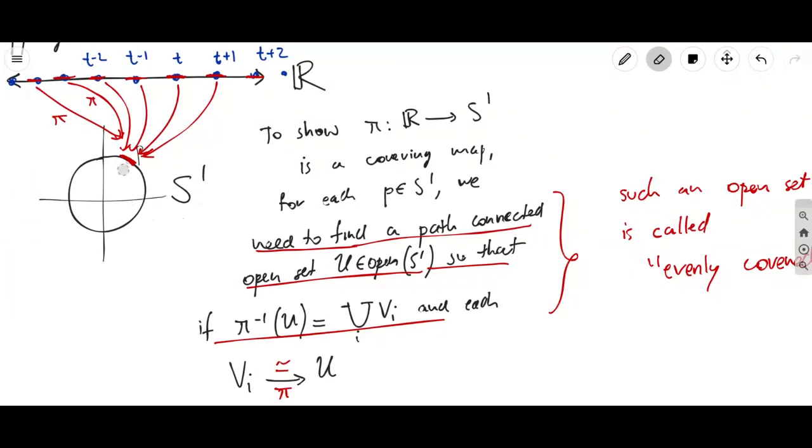Now, of course, if you choose the arc to be everything, if you make this too big, so that it goes all the way around, then you will completely fill this up. And then it's no longer true that pi is mapping this entire interval homeomorphically to that anymore, because the line is not homeomorphic to a circle.